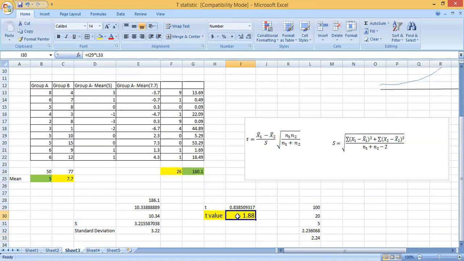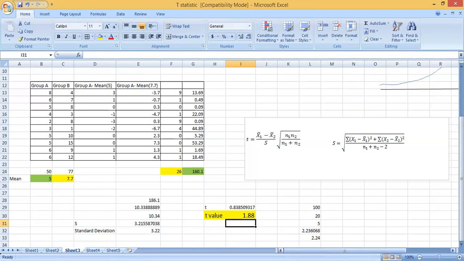So the t value is this part multiplied with this part, 1.80. So the t value is 1.80.